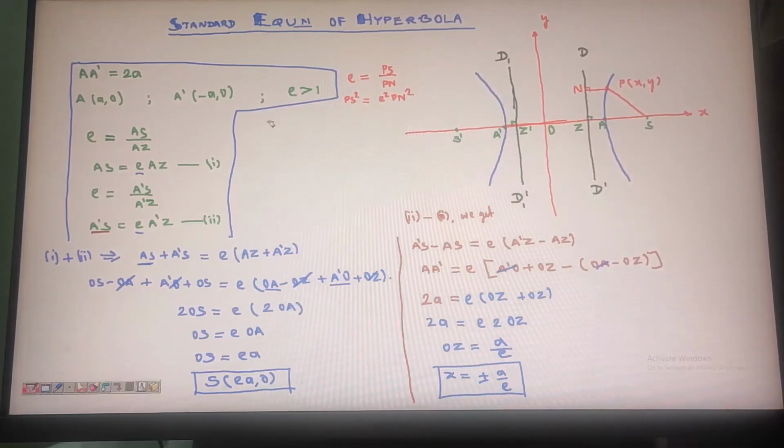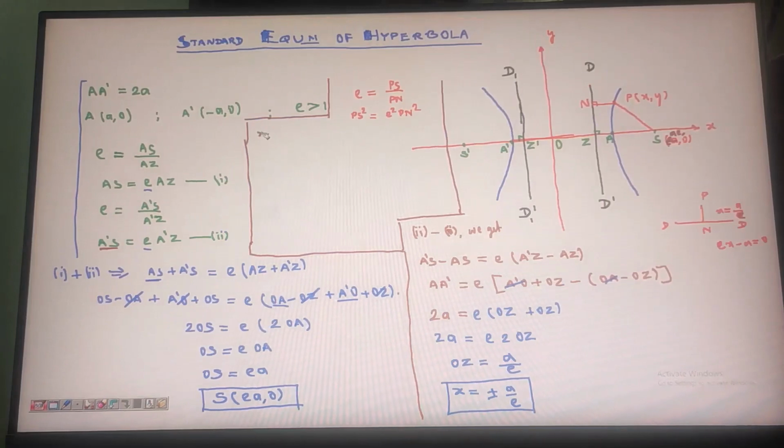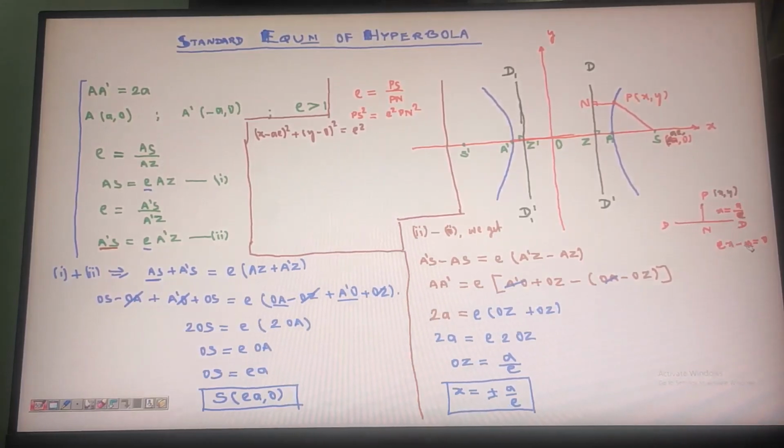So PS square, by the distance formula, is x minus a the whole square plus y minus 0 the whole square, equal to e square PN square. If you notice here, this is P(x, y), and DD' is nothing but the equation ex minus a is equal to 0. So use the distance formula.